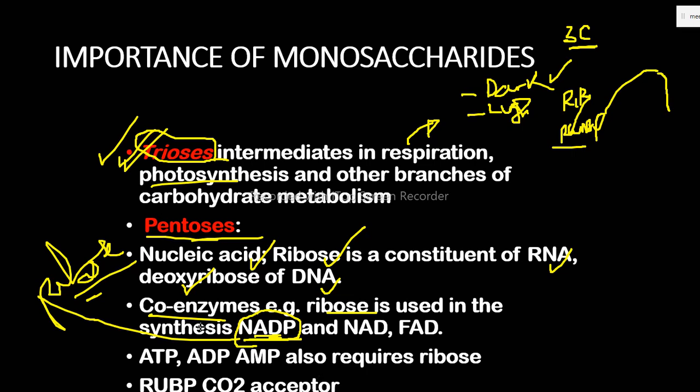Now, the ribose sugar, it's just a sugar. We have seen its structure. This is O, and this is carbon 1, carbon 2, carbon 3, carbon 4, and carbon 5 here. It is found in the nucleotides.